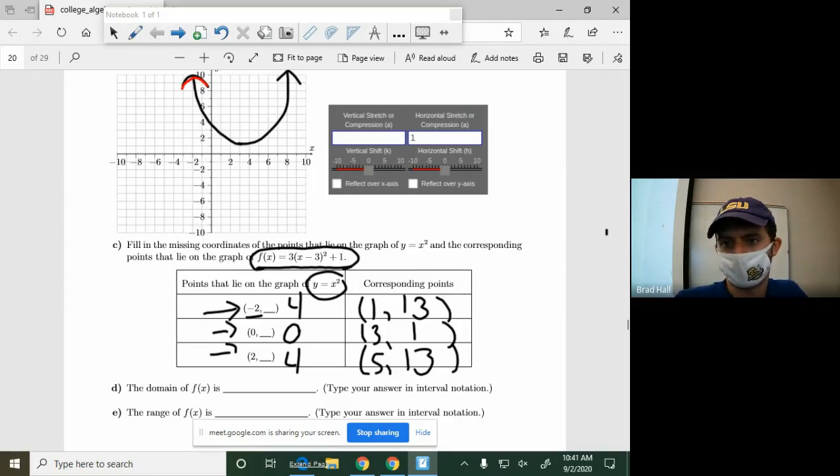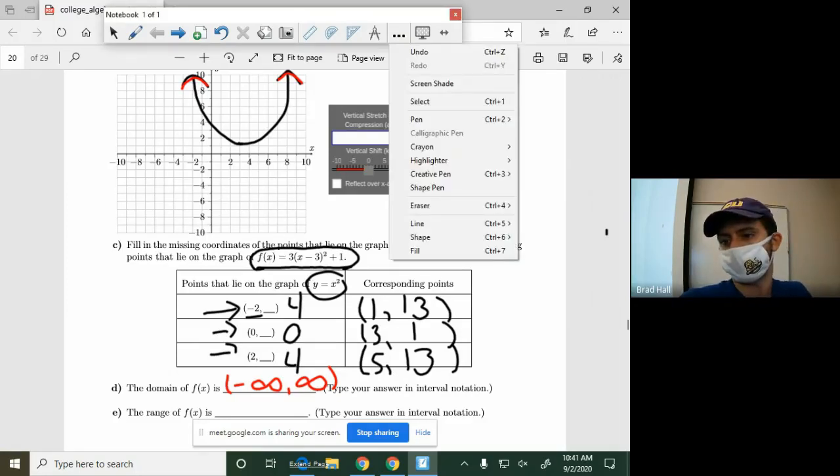There's no barriers or anything, so that's -infinity. Furthest to the right, I see another arrow, +infinity. So that one's not too bad.